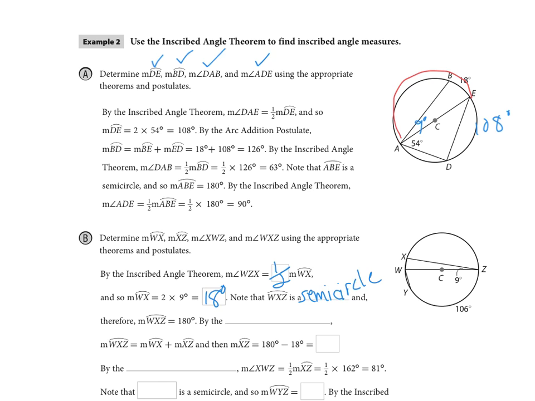And so once we know that, by the arc addition postulate, the measure of arc WXZ, right here, is 180 degrees, which is this small piece plus this other larger piece here. So we can just do a subtraction, so we know that the rest of it, arc XZ, is just going to be 162 degrees.